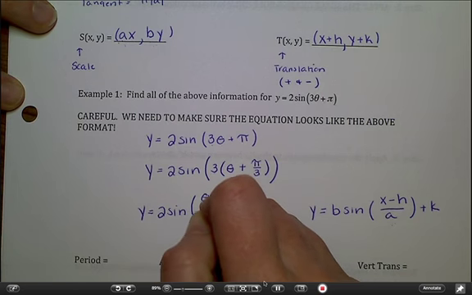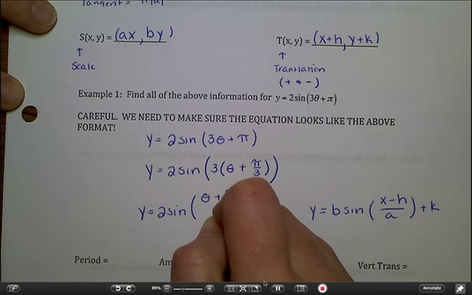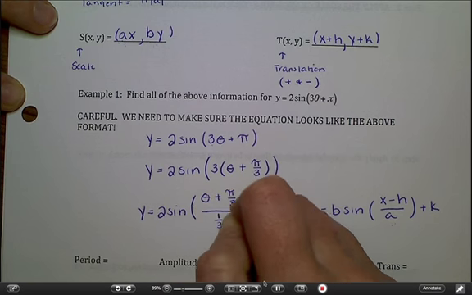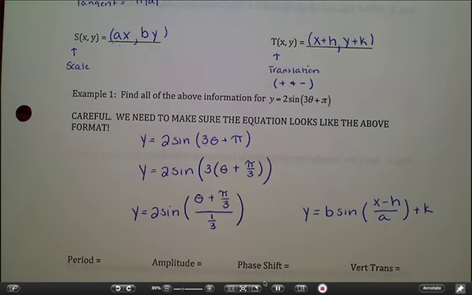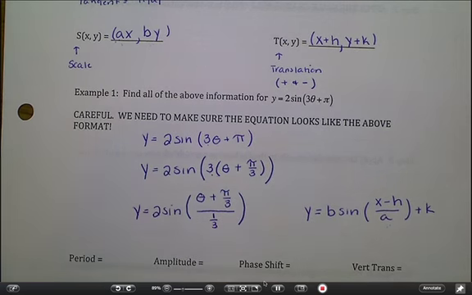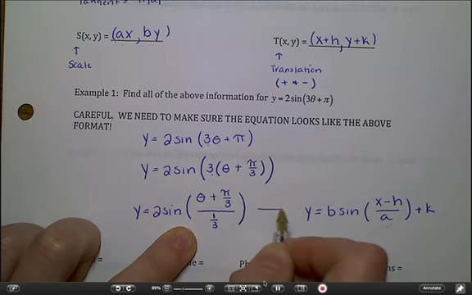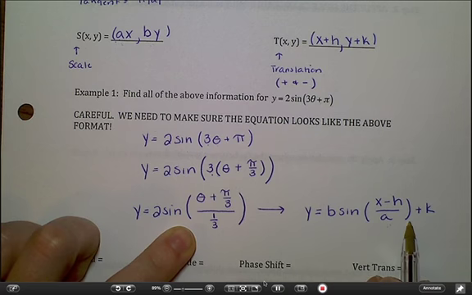That's the same as taking this theta plus pi over 3 and dividing it by 1/3. Because when you divide by 1/3, you'd flip and multiply and you'd get right back to that. So it's weird. It kind of looks like we've made the equation more complicated, and I suppose in a way we have, but now it lines up so nicely with this format.